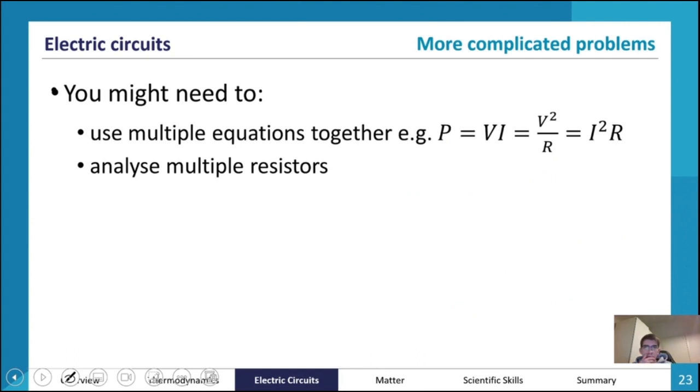How about some more complicated problems? Sometimes you might need to input one equation into another equation to find a solution.